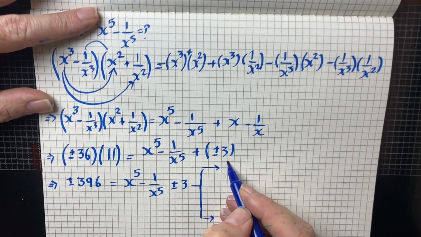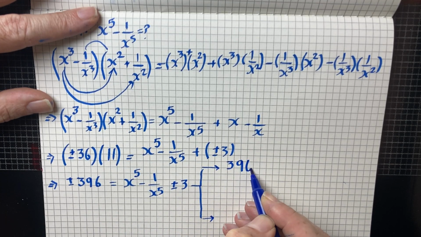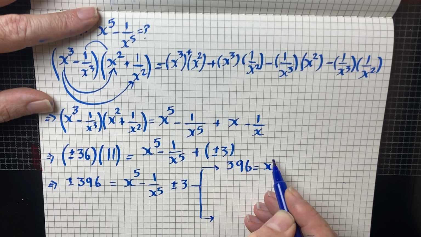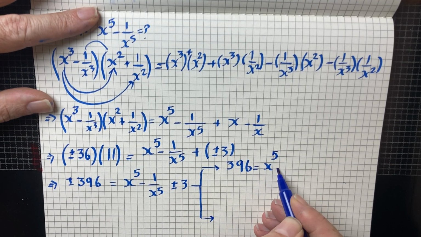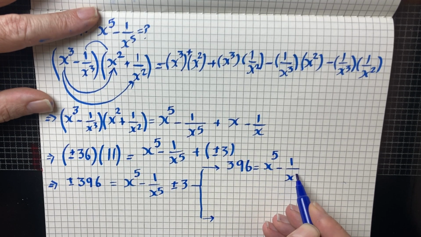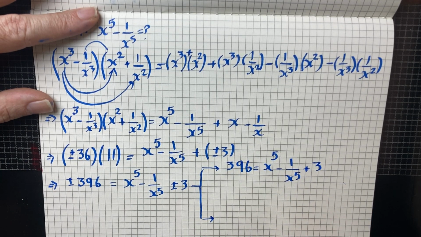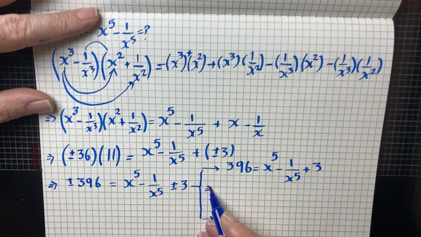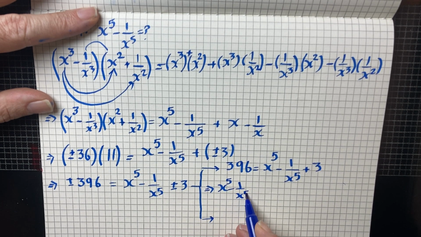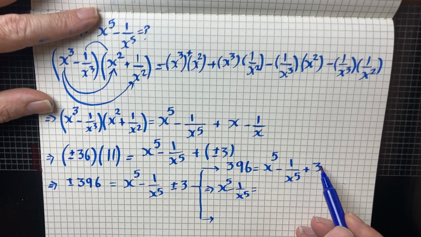Case 1, 396 is going to be x to the power of 5 minus 1 over x to the power of 5 plus 3. From this, the value of x to the power of 5 minus 1 over x to the power of 5 is going to be 396 minus 3, right?